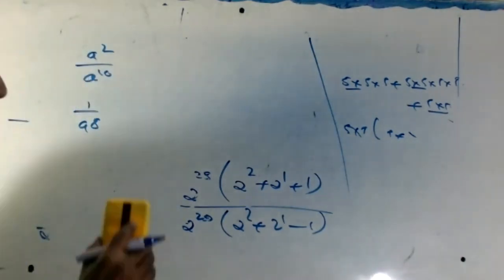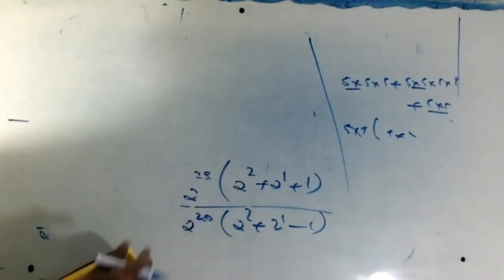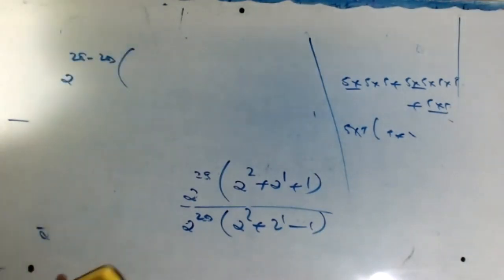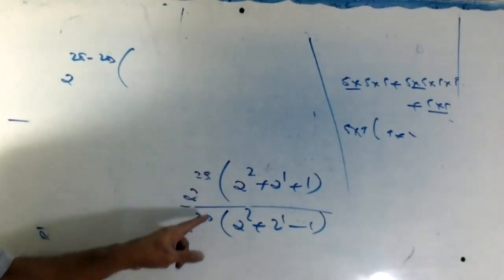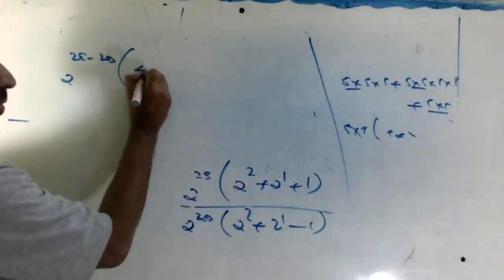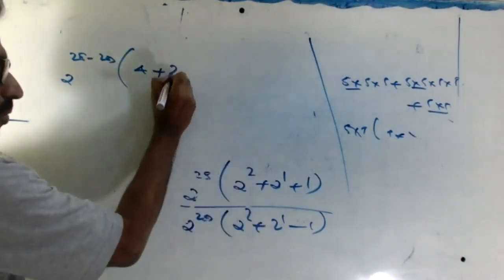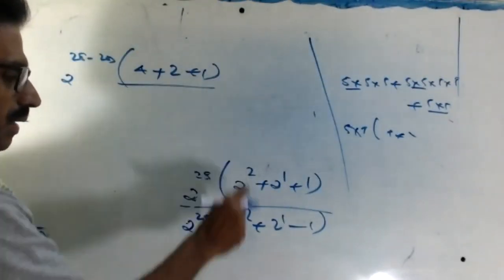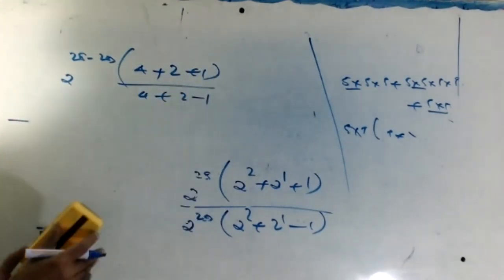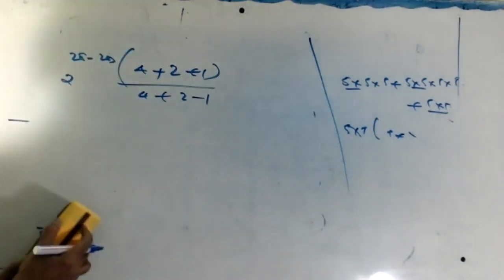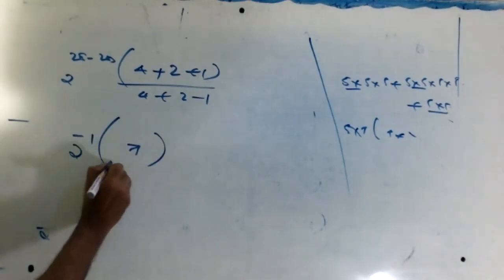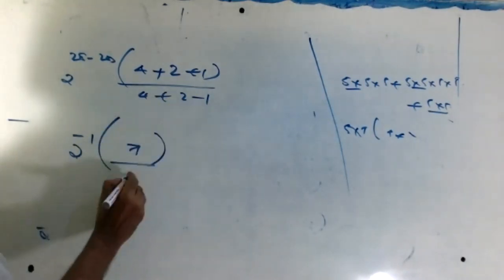If you want, 2 raised to 28 minus 29: 2 raised to 28 divided by 2 raised to 29 means 2 raised to 28 minus 29. Then 4 plus 2 plus 1 divided by 4 plus 2 minus 1, which is 7 by 5.